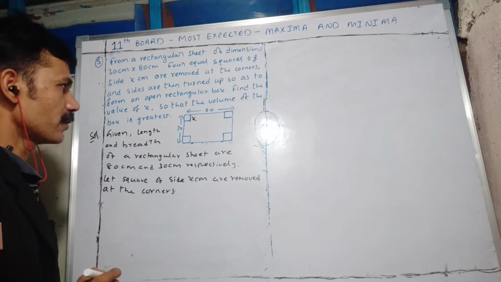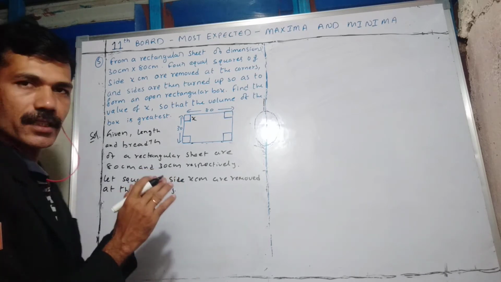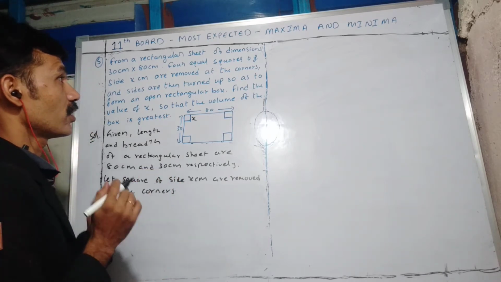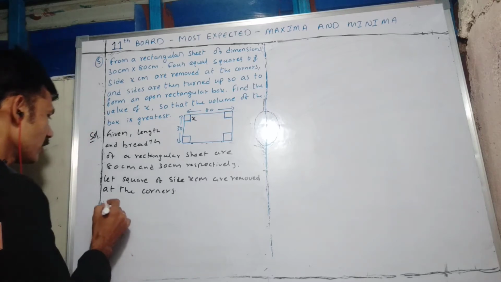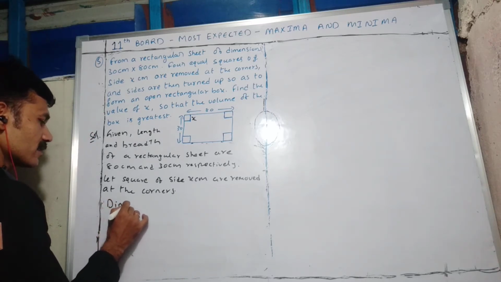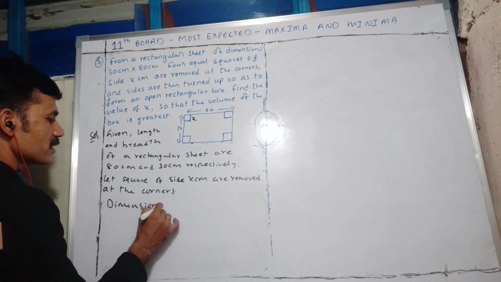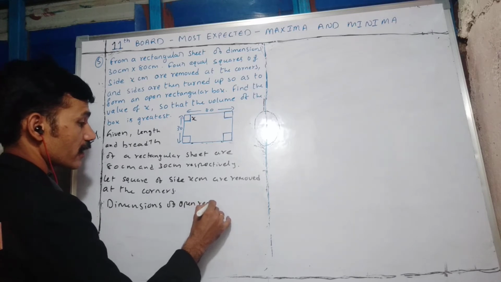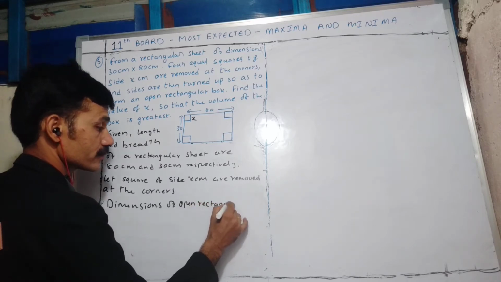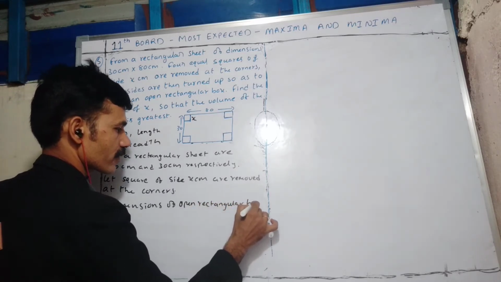This is what they have given. Now it is turned into an open rectangular box. Now you should know the dimensions of the open rectangular box. What are the dimensions?